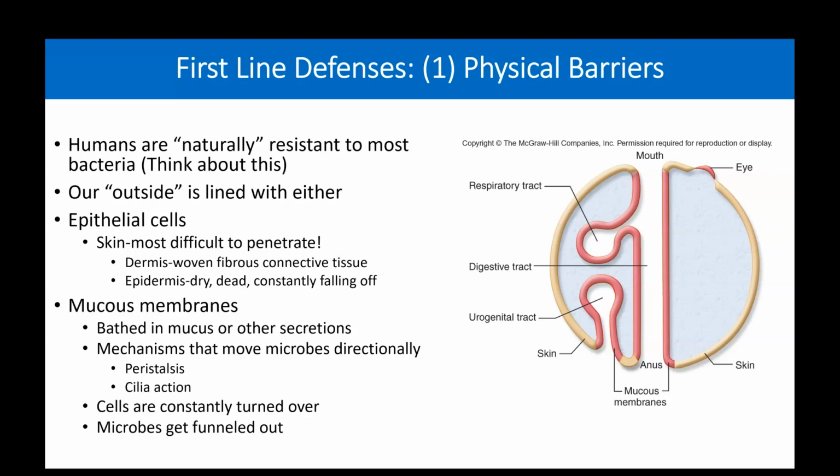So for example, peristalsis moves anything in our upper digestive tract into our stomach. And then of course, once it's in our stomach, it's basically a big pit of acid that these bacteria are going to die in. And alternately, it could move it up out of our lungs, towards our sinuses so that we can sneeze it out or swallow it.